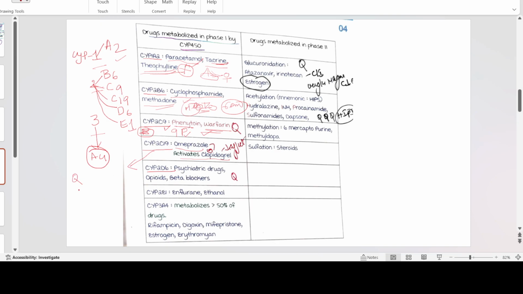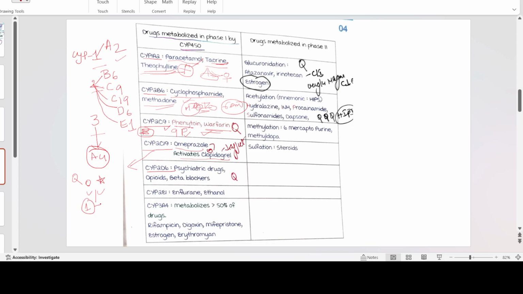Omeprazole and clopidogrel, if given together, both competitively inhibit each other because you have two substrates and one enzyme.